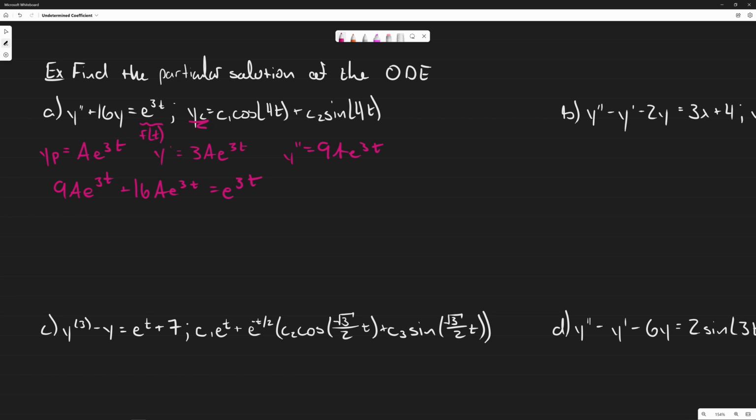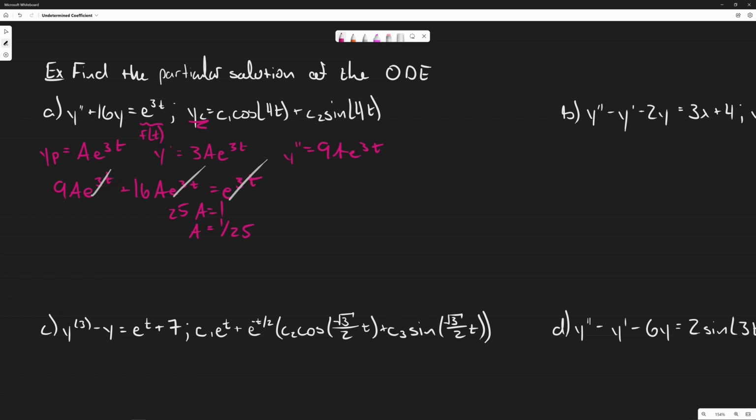This makes our lives pretty simple, because we can now divide everything by e to 3t, leaving us with 9 plus 16, that is 25, times a, equaling 1. So a is going to be 1 over 25.